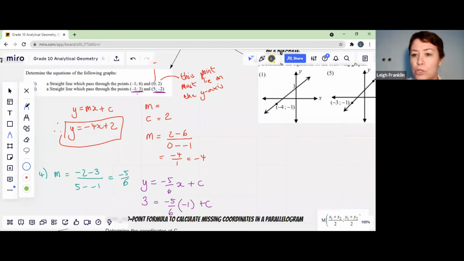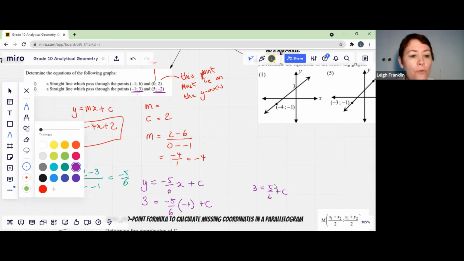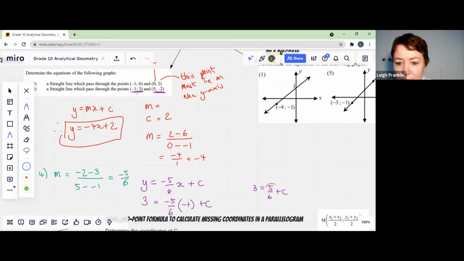Now I want to work out the value of this term and then take it over to the other side. -5/6 times -1 will leave me with +5/6. Now I've got to take that over to the other side, so it becomes 3 minus 5/6.